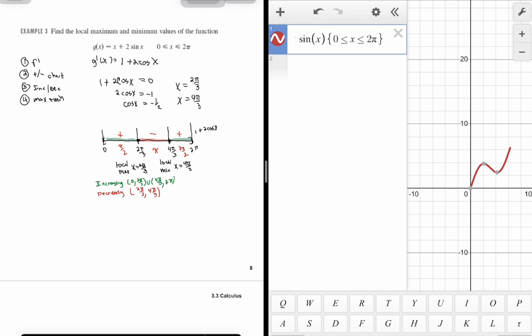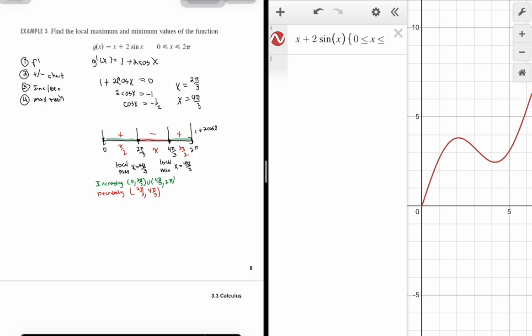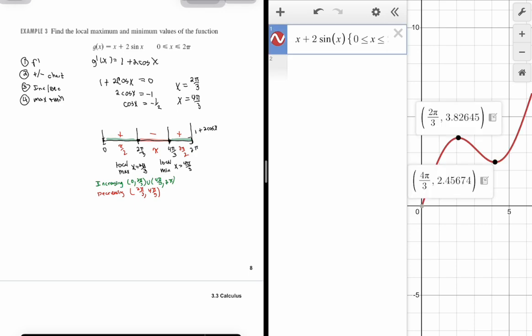Okay. And 2 pi over 3, think of it as a decimal value, something like 6.28 divided by 3. And the other one is something like 12 point something divided by 3. But anyway, you can see we got the correct answer. There was a local max at 2 pi over 3.